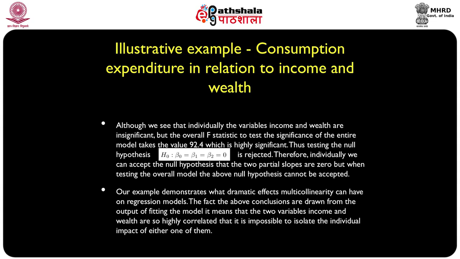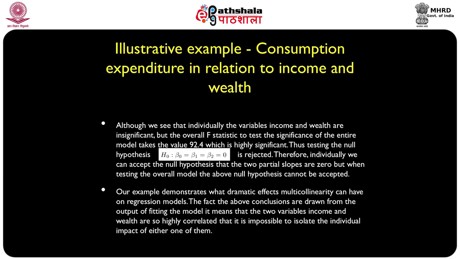Therefore, individually, we can accept the null hypothesis that the two partial slopes are 0, but when testing the overall model, the above null hypothesis cannot be accepted. Our example demonstrates what dramatic effects multicollinearity can have on a regression model.